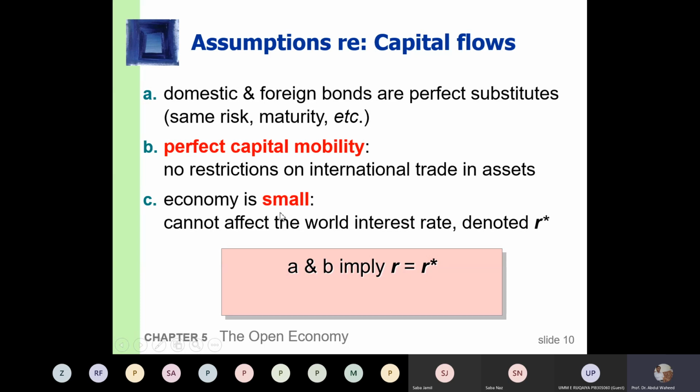Because if there is any difference, then because of perfect capital mobility, the interest rate will become the same. And in this model, R is exogenous because the economy is small, so a small economy cannot determine the world interest rate.